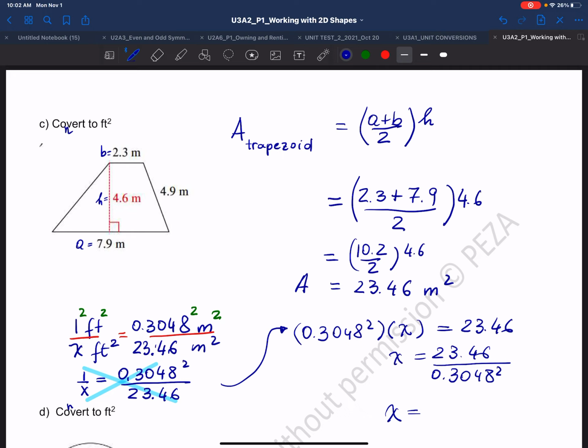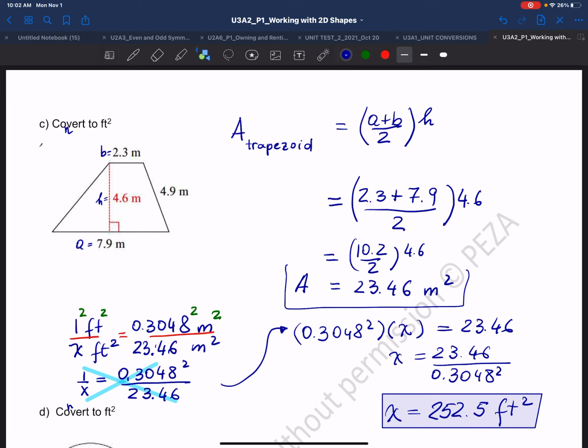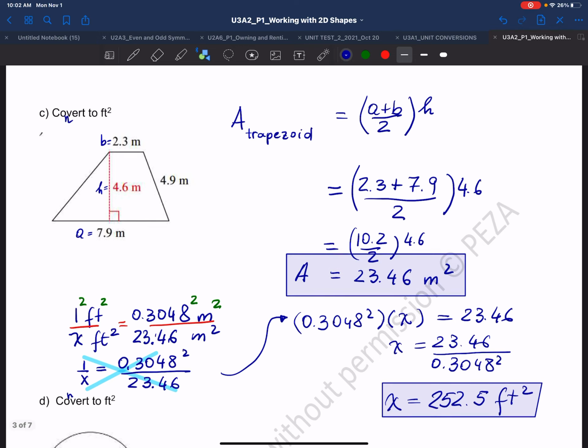So 23.46 divided by 0.3048 to the power of 2 is 252.50, and that will be in feet squared. And that's the answer. That's the area of a trapezoid in feet squared. And here's the area in meters squared.